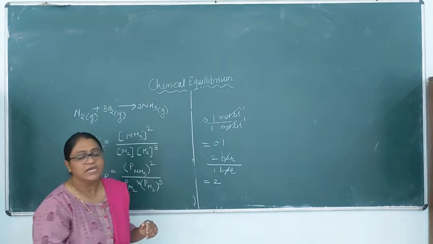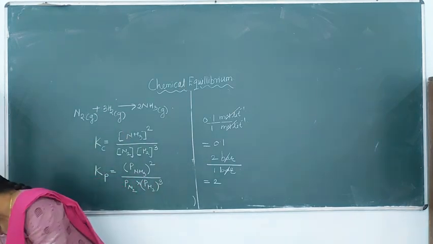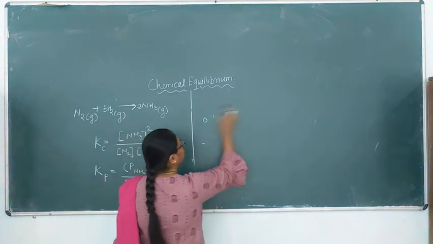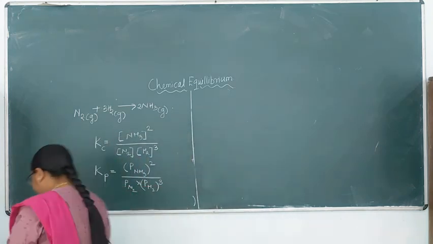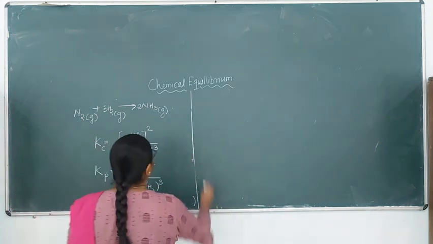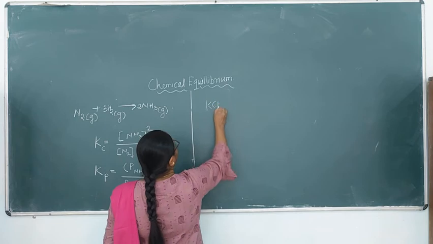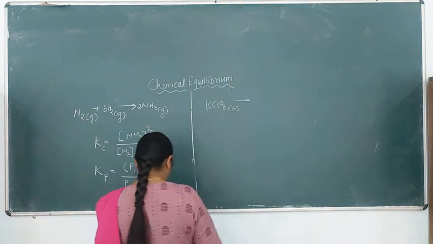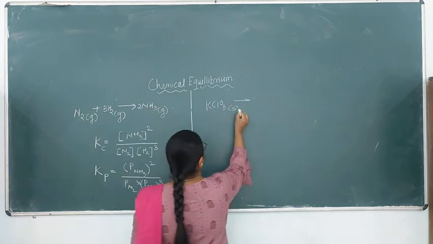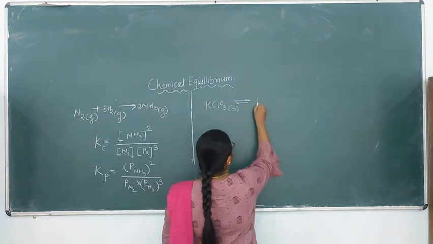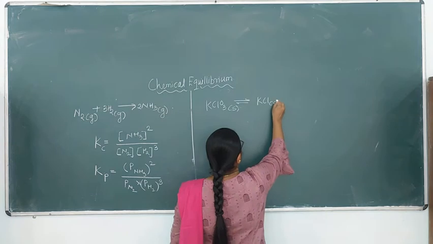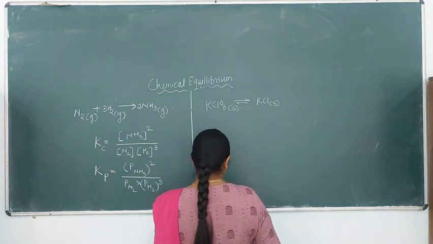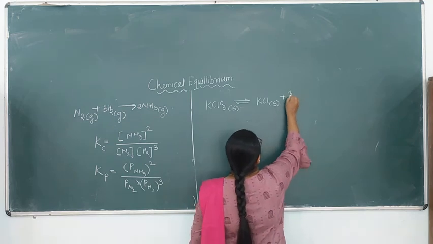So we are going to see more examples of how to write the equilibrium constant for a reaction. A reaction is given: potassium chlorate, which decomposes to give KCl plus 3 by 2 oxygen.